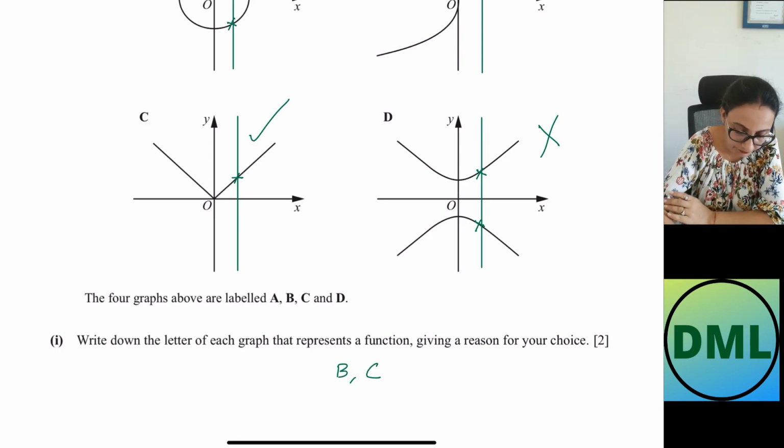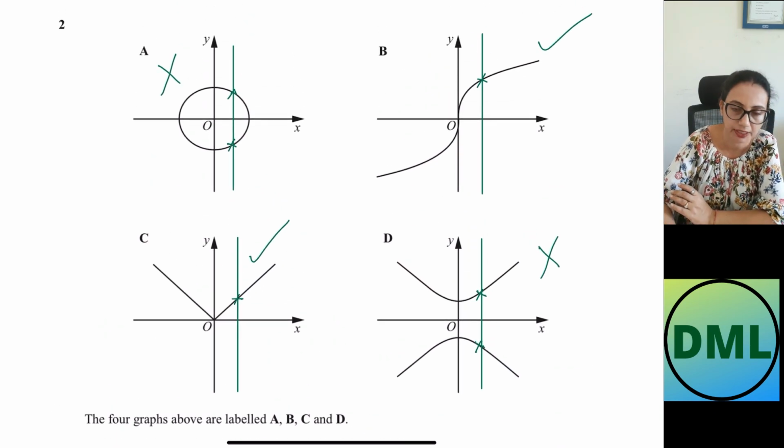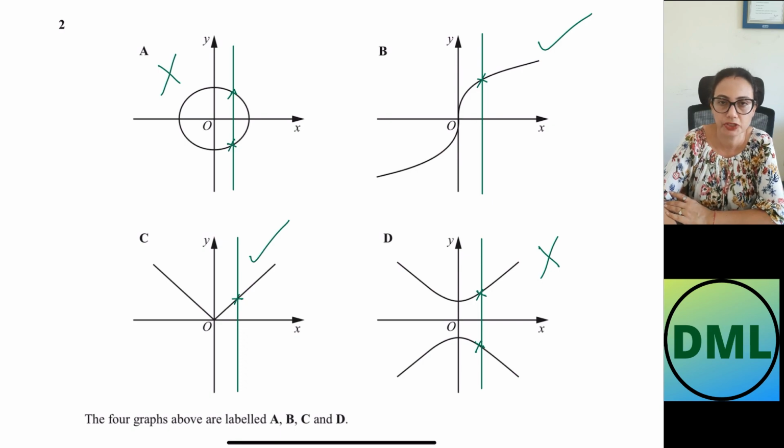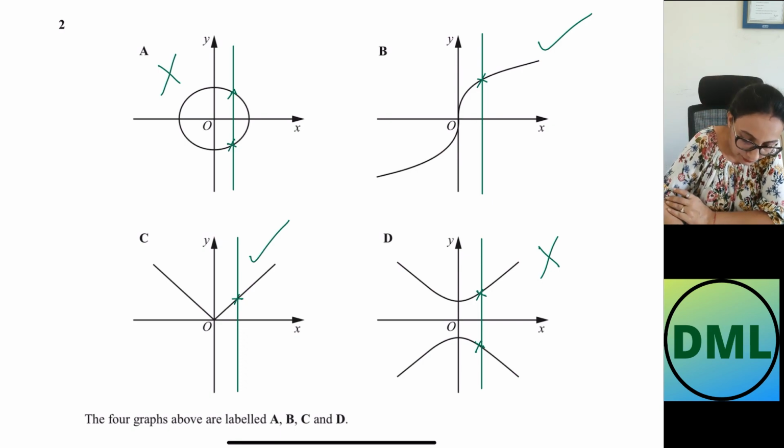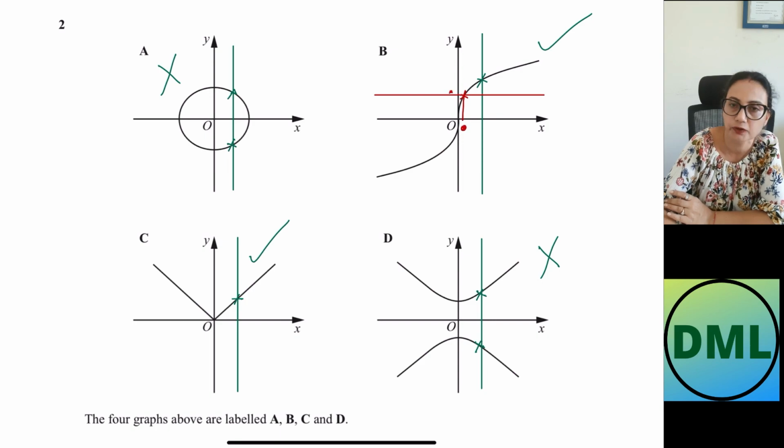I have to give the reason why I have picked graphs B and C. Let's see graph B first and judge whether it is a one-to-one function or many-to-one function. I'll draw the horizontal line. It cuts the graph at 1 point, and if you go down, you are getting one value of x for one value of y. This is a one-to-one function.